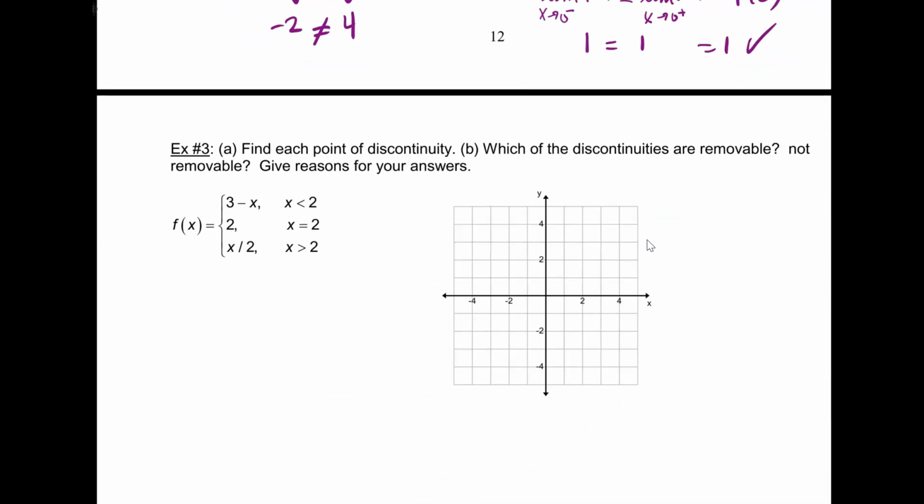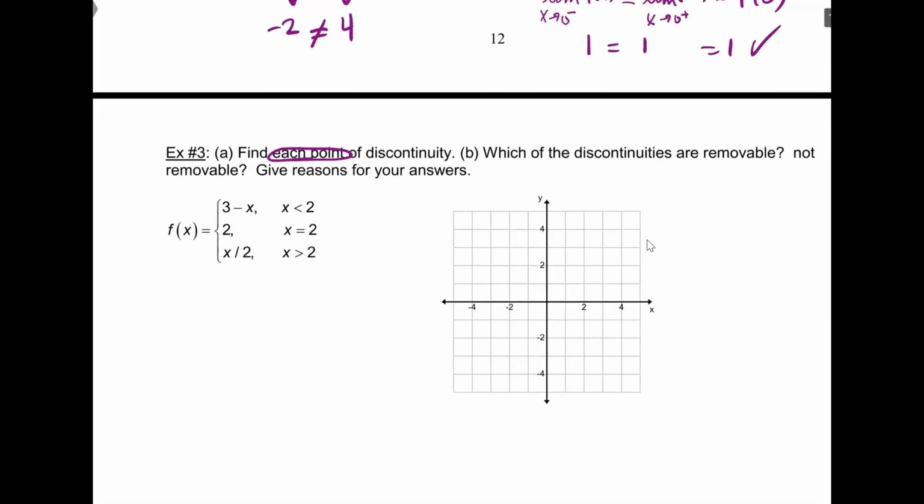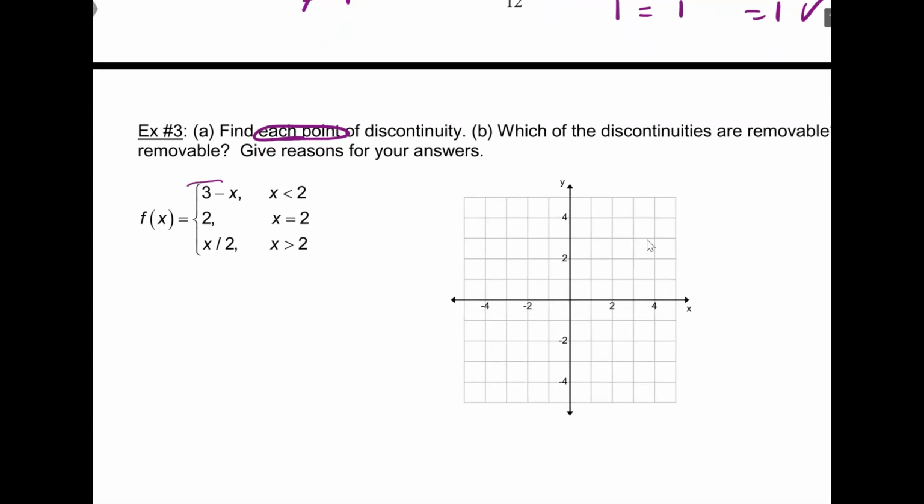All right, find each point of discontinuity. Which of them are removable, not removable? Give reasons for answers. Okay, so first, we need to graph it. As long as x is less than 2, the graph is 3 minus x. So I plug in 2 for x. 3 minus 2 is 1. So I do 2, 1, open circle.